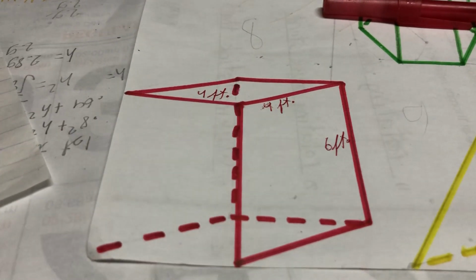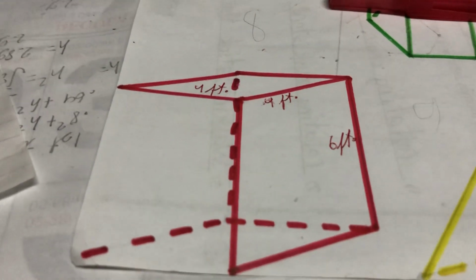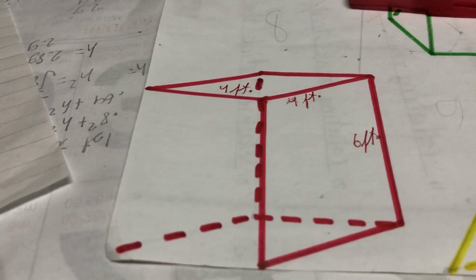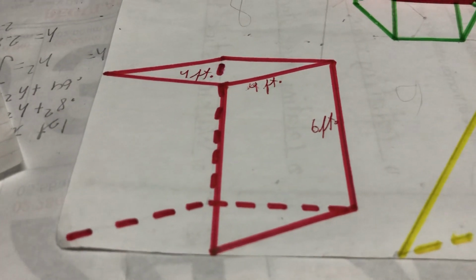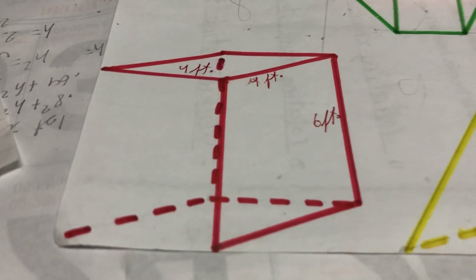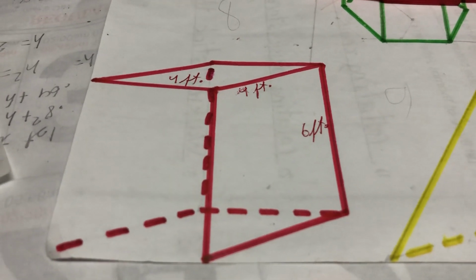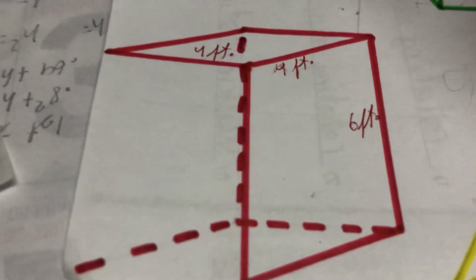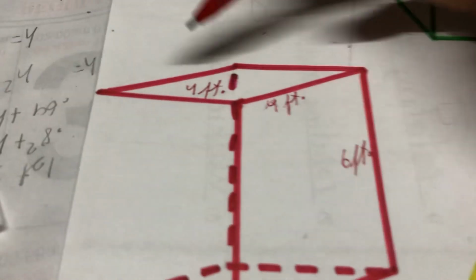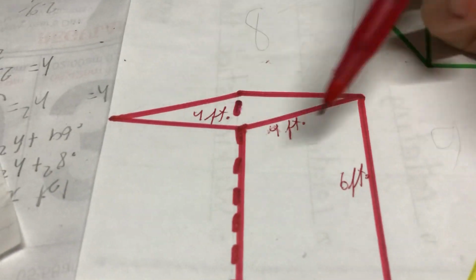Remember, what you use for volume is cubic units. So, for volume, we need to get cubic units. And this is very easy. All you do is length times width times height. But for other polygons, the general formula is the area of the base times the height. So, let's solve for the volume of this figure. This is easier because you just get the length and the width of the square.